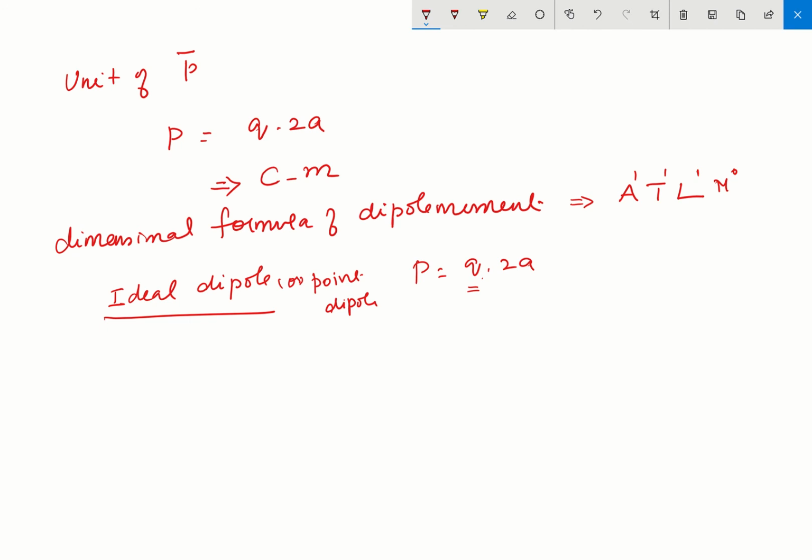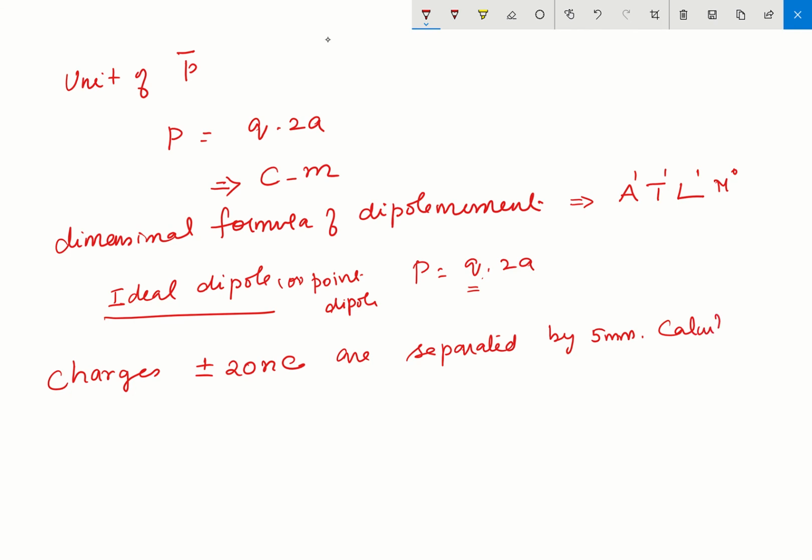Are you following? We will see one problem now, very simple. The numerical: charges plus or minus 20 nanocoulomb are separated by 5 millimeter.